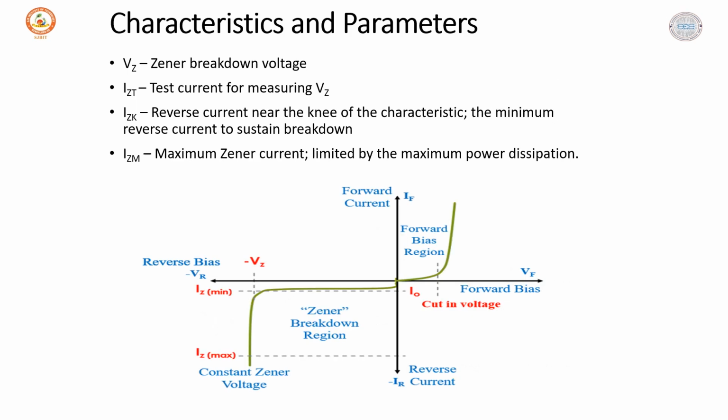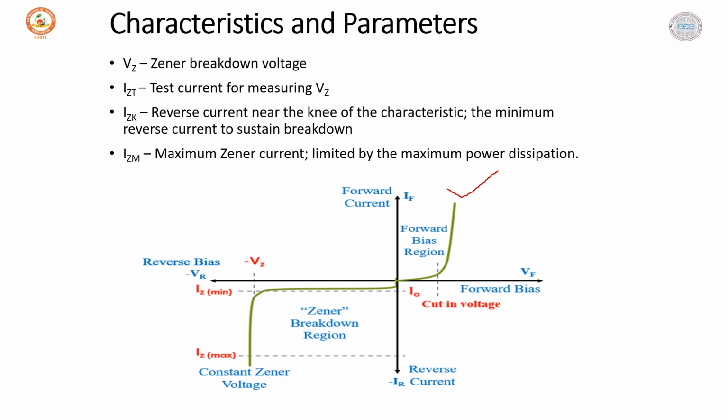The important characteristics of a zener diode are the zener breakdown voltage, the test current for measuring the zener voltage, the reverse current, and the maximum zener current. So we can see that whenever a zener diode is connected in forward bias, it just behaves as a regular PN diode.